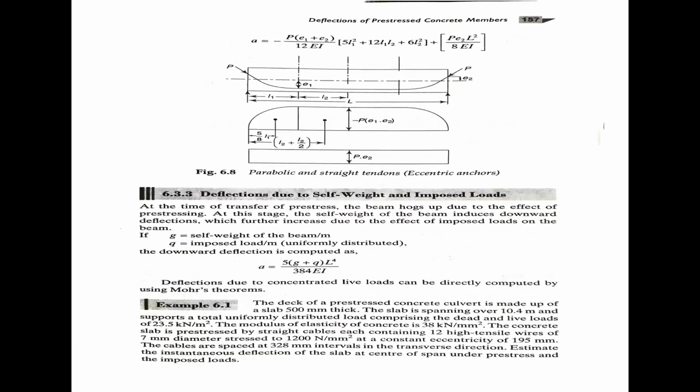Okay, in this problem, the live load and dead load are given, the uniform distributed load comprising the dead load and live loads of 23.5 kilonewton per meter square.